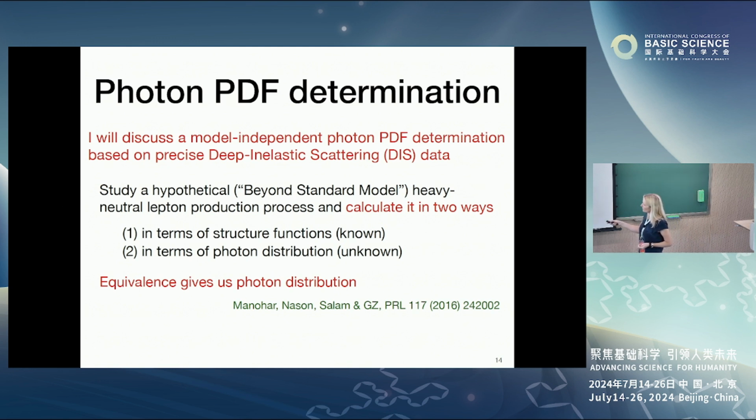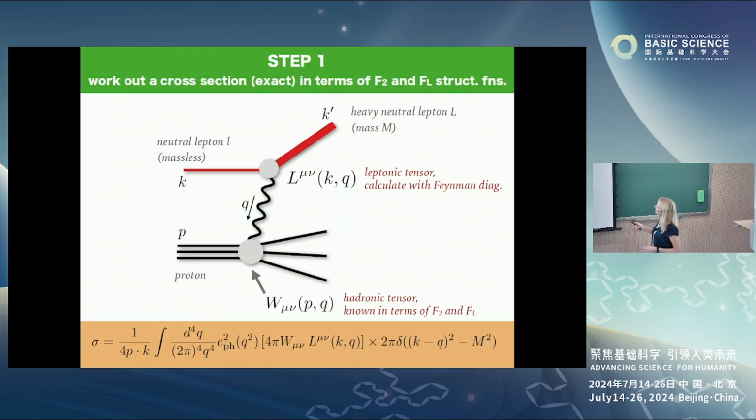One, in terms of the structure functions, which I showed you now, where everything is known. And the second one is to calculate it using a standard factorization, so using a photon PDF and other PDFs. And then you equate the two quantities, and you can extract the photon PDF from this equivalence. So it's really a very simple idea, and I will explain it a bit now.